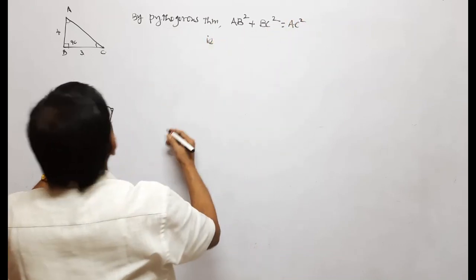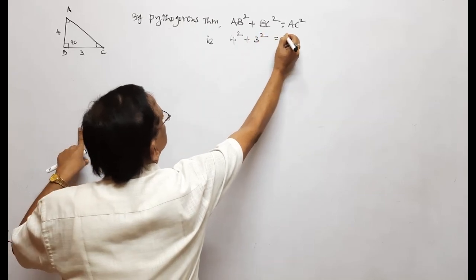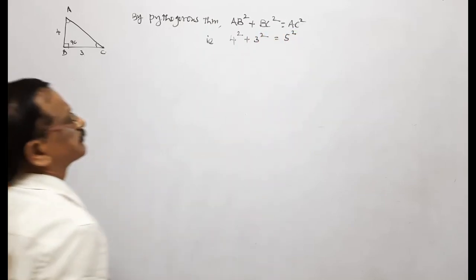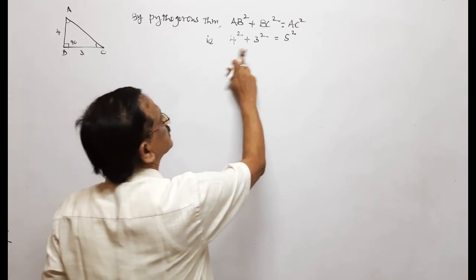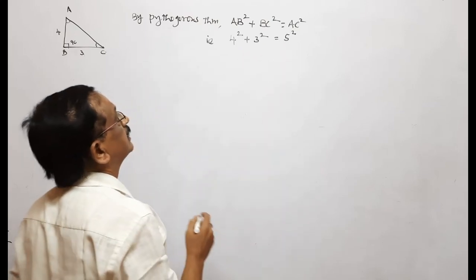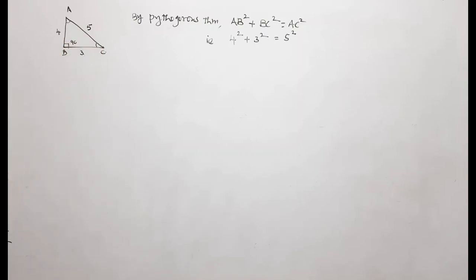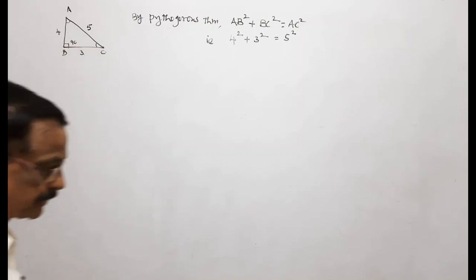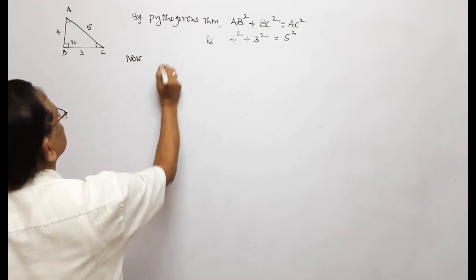That is, AB is 4 square, BC is 3 square, so AC square is 4 square is 16, 3 square is 9, 16 plus 9 is 25, 25 is 5 square. So thus AC will be 5 units.